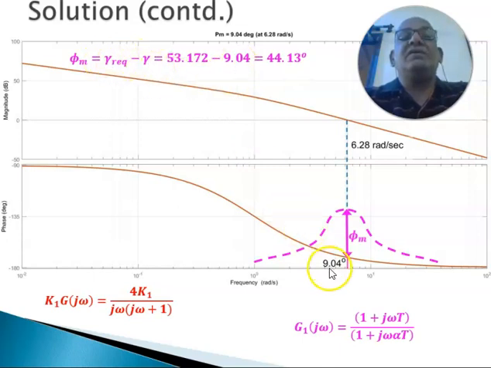Gamma existing is 9.04, gamma required is 53.17, so 44.13 degrees of phase. If this compensator adds this much additional phase, our phase margin requirement of 53.17 will be met.